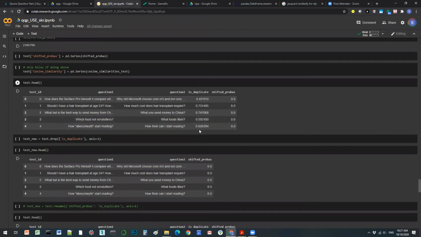Remember we are getting scored by the negative log likelihood. If the is-duplicate probability is higher than 0.5 and its ground truth is 1, then you'll score better. The higher this number is, the better your score will be, and the lower the number is for a 0 is-duplicate, the better your score will be. And if the opposite is true, then the worse your score will be. That's essentially what negative log likelihood is.